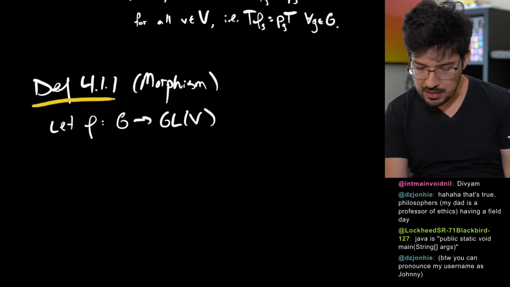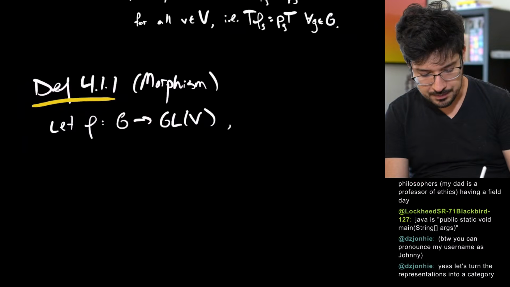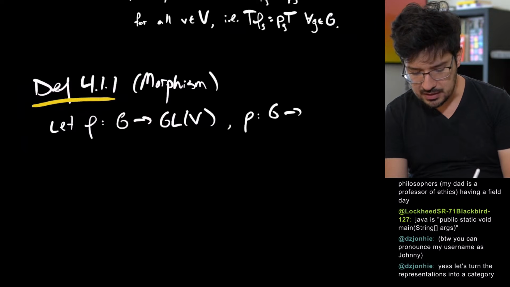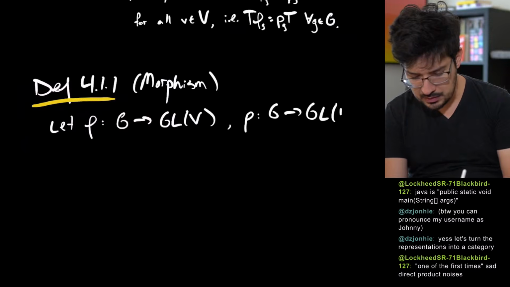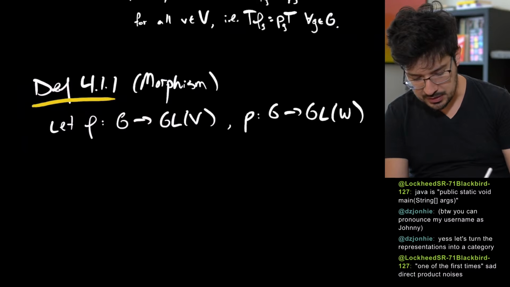Let's keep going. So let phi be that, and rho. Does this book reserve psi to be an equivalent representation, I guess? Because these are not equivalent. They're just two different representations.